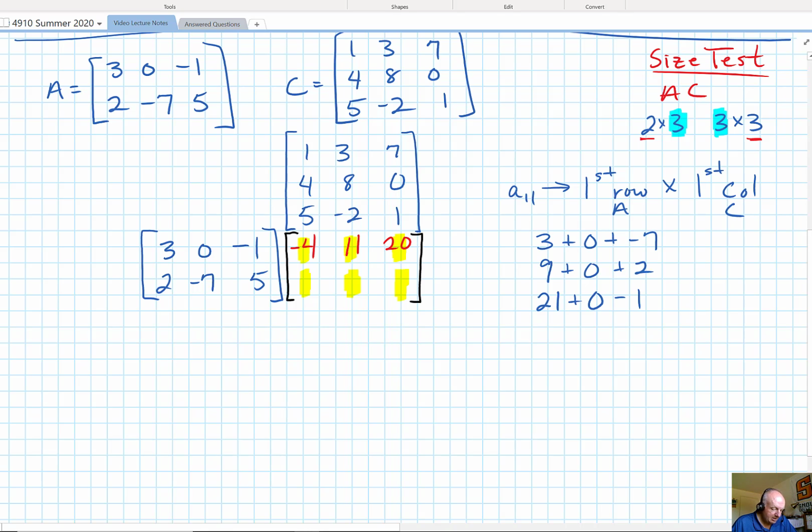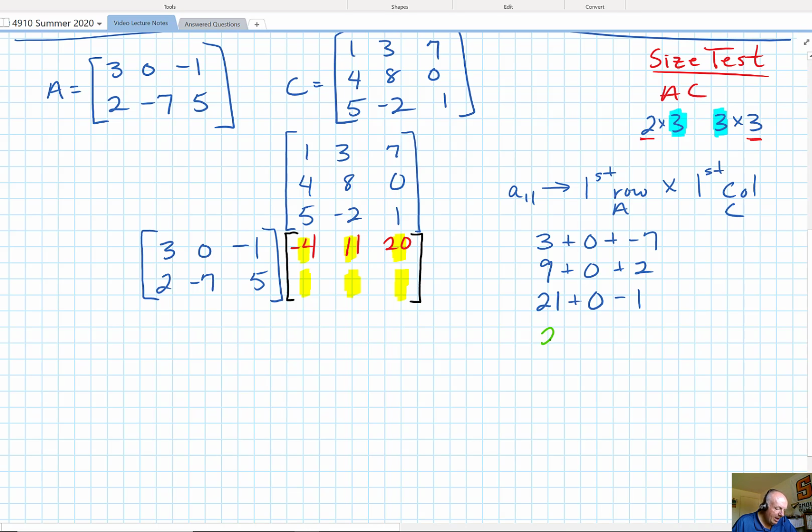Now we move down to this entry, which will be this row and that column. That's why I lay it out this way, because I can always remember which row and which column to use. This, while technically correct, just sometimes confuses me. It's not that hard, but anyway, let's go through and find this next set of entries.